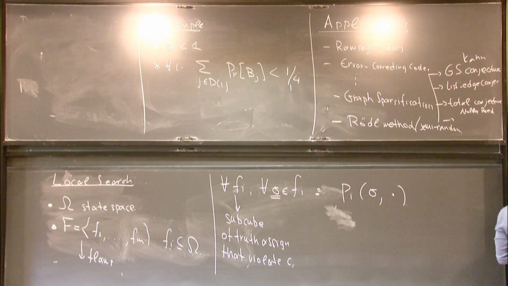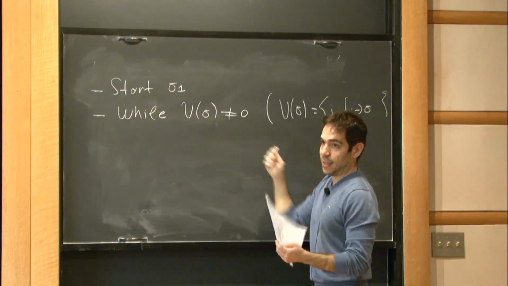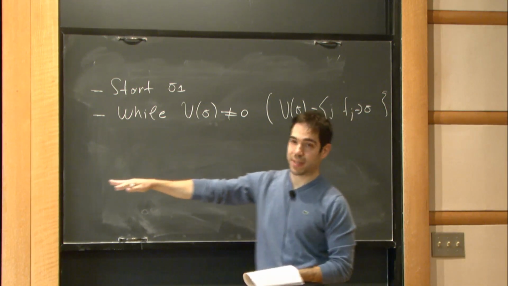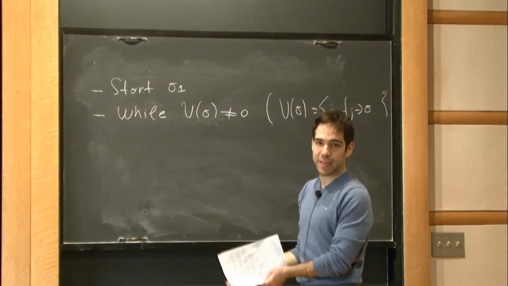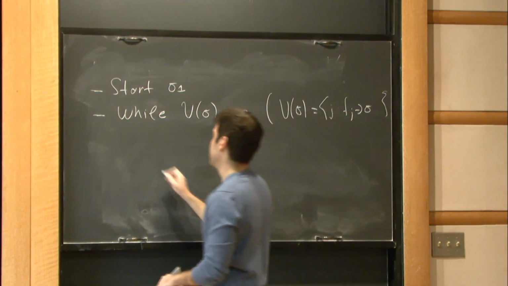Okay, so here's the class of algorithms. So we start from an arbitrary state sigma 1. Okay? And then while the current state is flawed, so while the current state is contained in one or more of these forbidden sets, or in other words, while violated constraints exist, if you will, we focus on one.